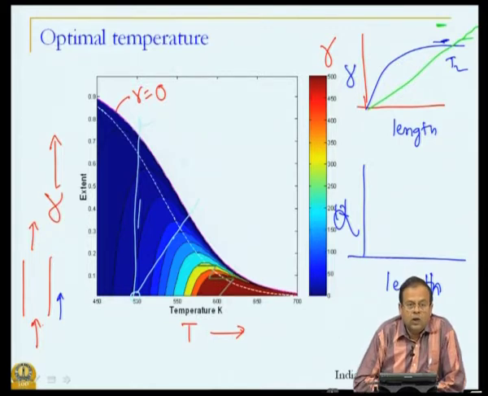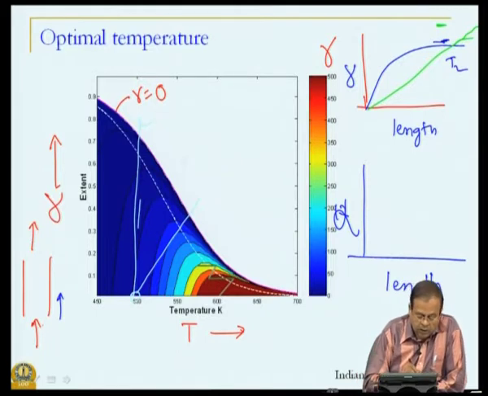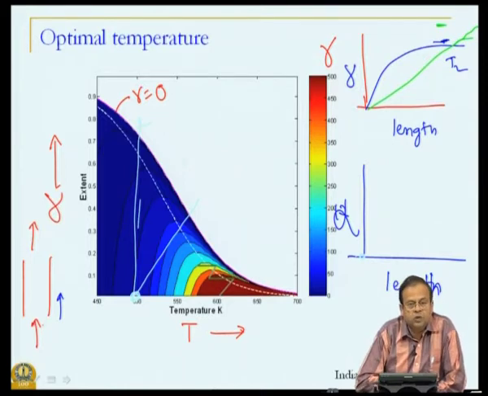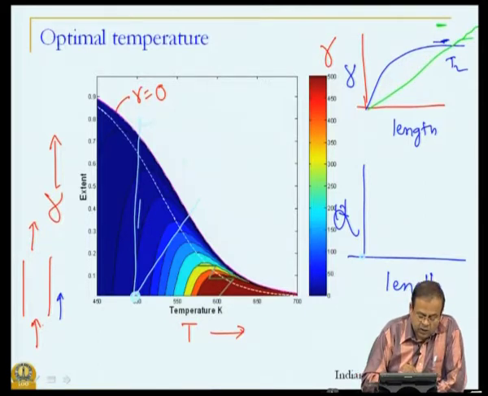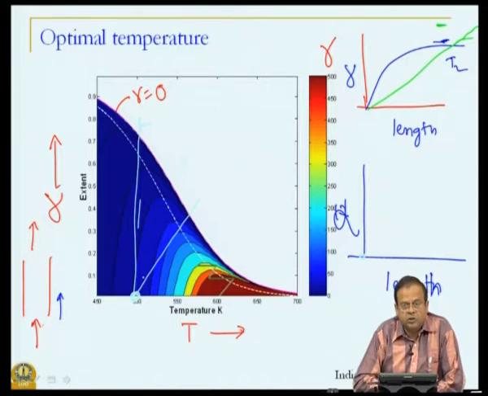So, now what will happen to the extent of reaction as we change the length of the reactor. So, again we start from this particular point, and then we see that as the reaction is progressing, what is happening to the temperature? Temperature is increasing, because this is an adiabatic reactor, no heat removal, exothermic reaction.